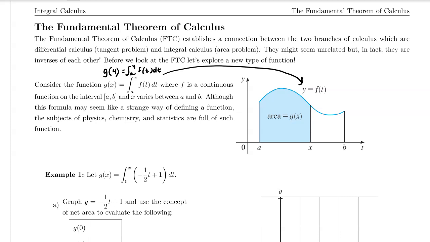So in this example, we would replace x with 4, and then from a to 4, we would find the area underneath the curve of f(t). Let's go ahead and look at an example.